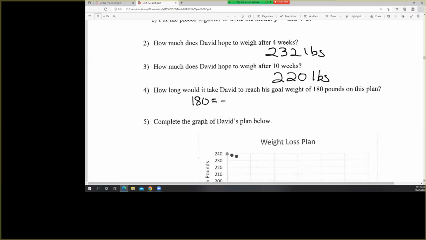So Mohammed kind of reasoned through it using the numbers we've already used. And Randy said, hey, we wrote an equation. If I want to know when he's going to weigh a certain amount, I can put in 180 and then solve the equation. Did you also get 30? Yeah, good.